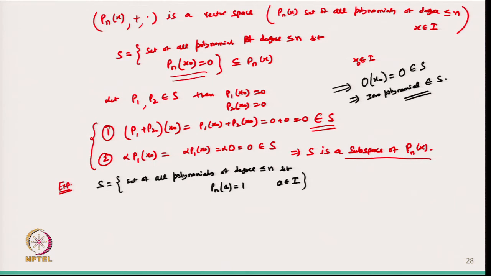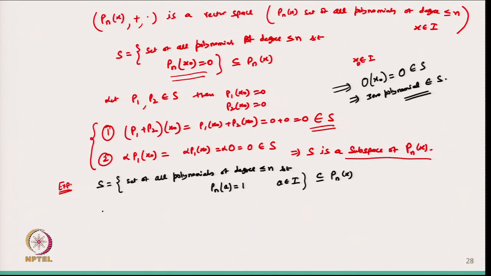So, definitely it is a subset of P n x. Now, I am taking those polynomials in which I put the value of A, some element A in that given interval, and it gives the value equal to 1. Now, I want to check whether it is a subspace or not.